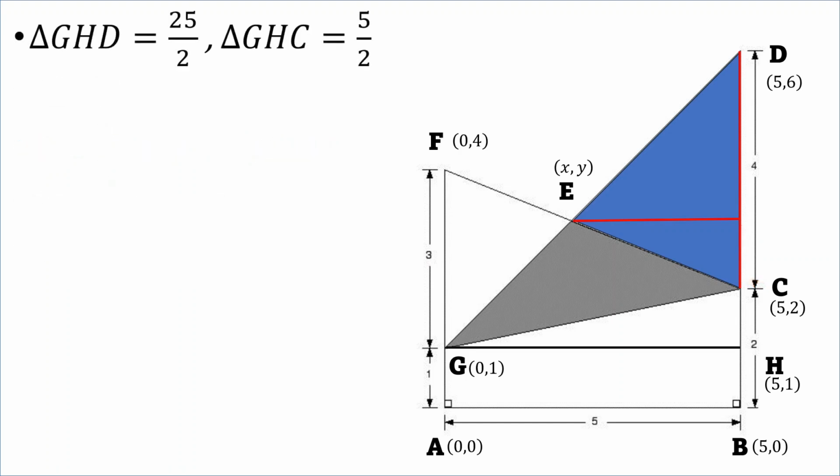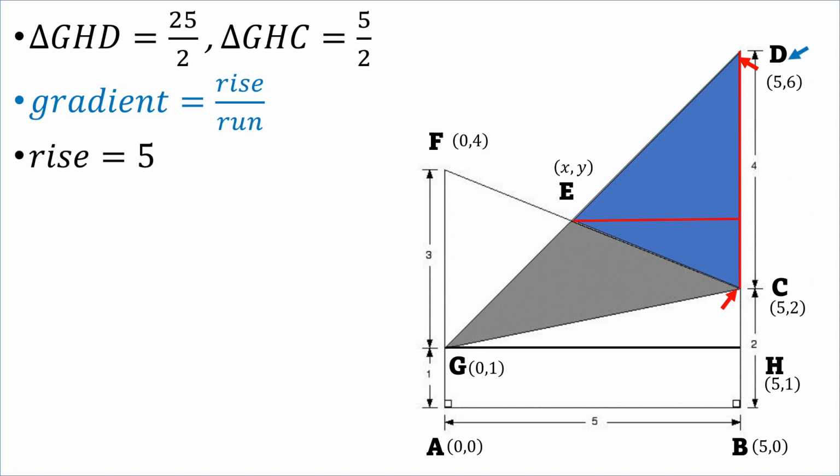We have to find the equation of the line represented by GD, as well as the equation of the line represented by FC, and the intersection of both of those lines will be point E. So we have to first find the gradient of the line GD, which is given by rise over run. So as we see here with the blue arrow, it goes from H up to D, which is from 1 up to 6 on the y-axis, so that is a rise of 5.